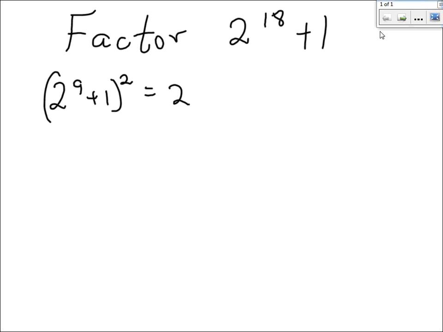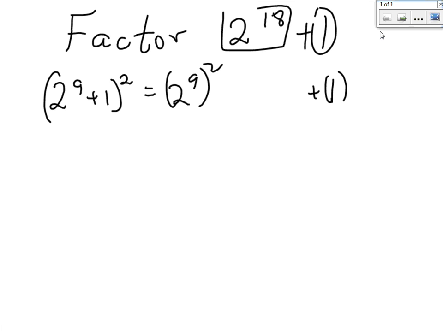That's going to give you 2 to the 9th squared, which is 2 to the 18, and it's also going to give you 1 squared, which is 1. But it's also going to give you 2 times this times that. Personally, I don't bother denoting multiplying by 1.